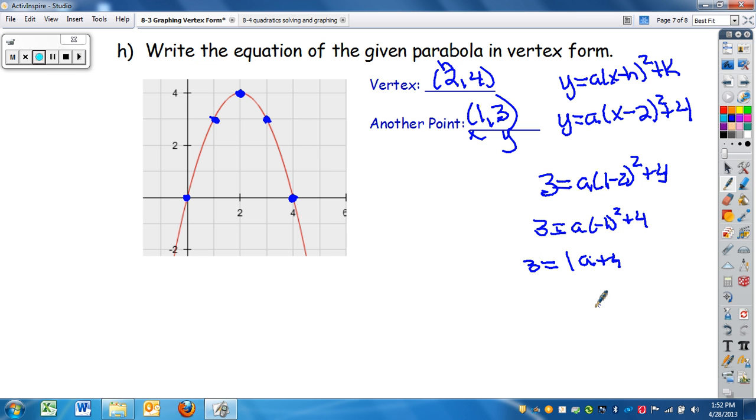If you have the 1 there, it won't matter. Minus 4, so a equals -1, which makes sense because my parabola is opening down. So y equals -1, remember you can just have negative (x minus 2) squared plus 4.